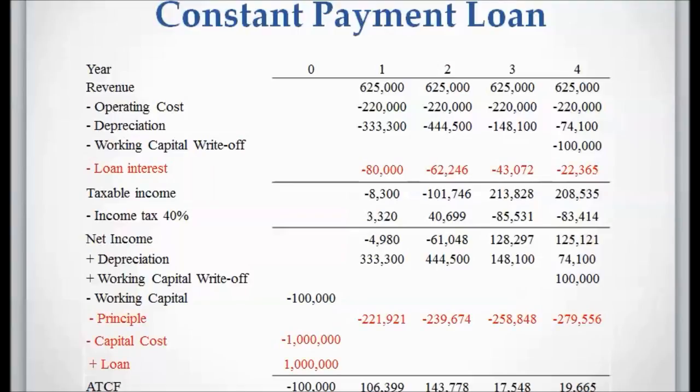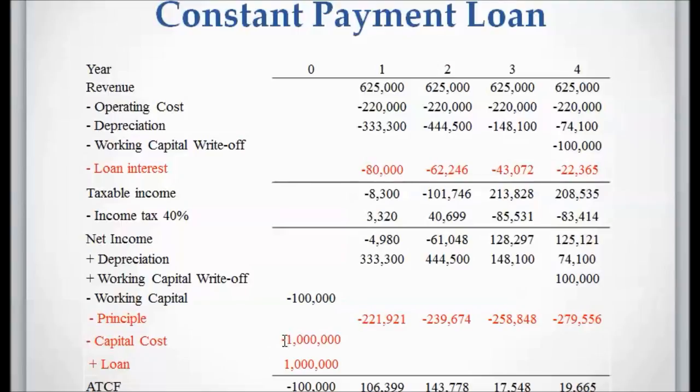So again, note that when we have borrowed money in our project, we need to be very careful. The interest portion of annual payments is deductible from revenue as tax deductions, and the principal portion of those annual payments should be entered in the table with the negative sign.